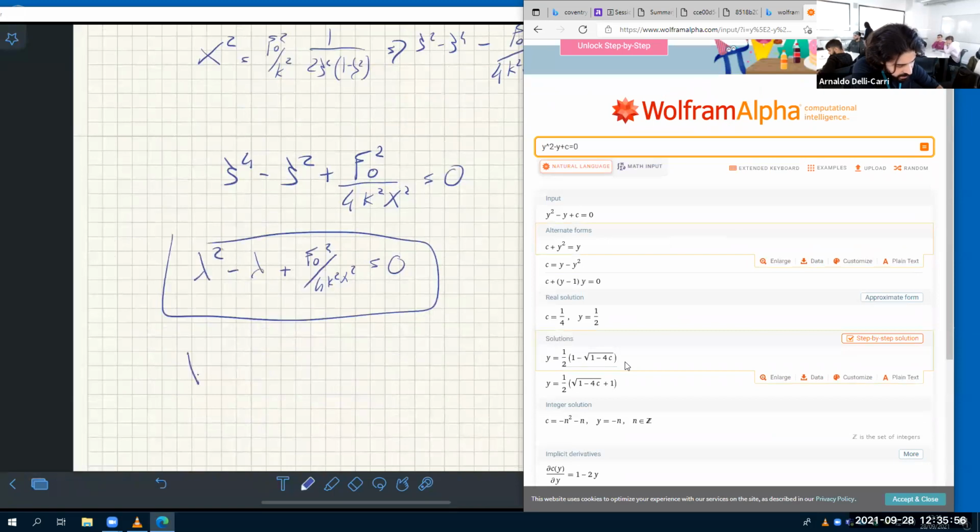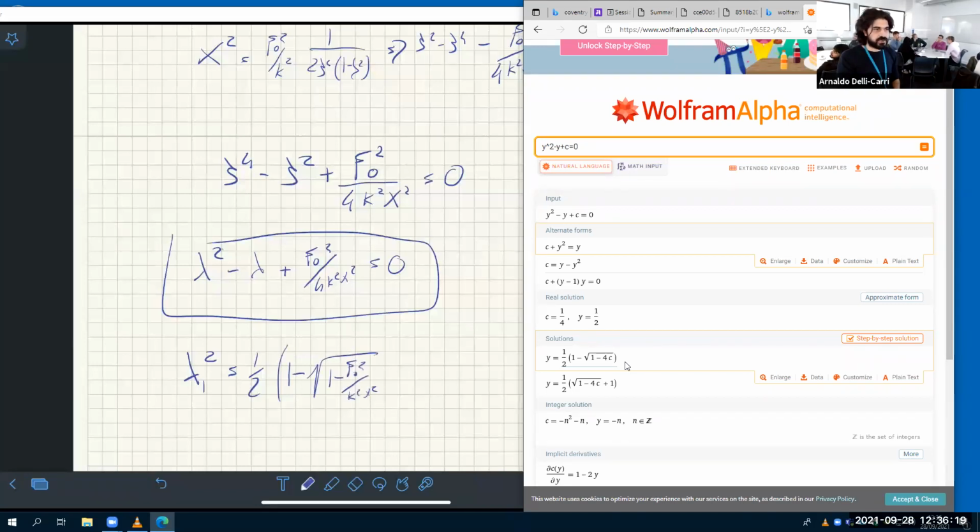Lambda 1 is 1/2 of 1 minus the square root of 1 minus F0 squared divided by k squared x squared. There's a times 4, but then I can just simplify the 4 there. Okay, so this is lambda 1, which is zeta squared.